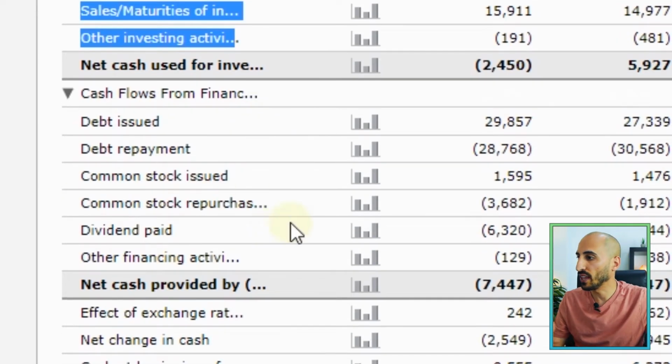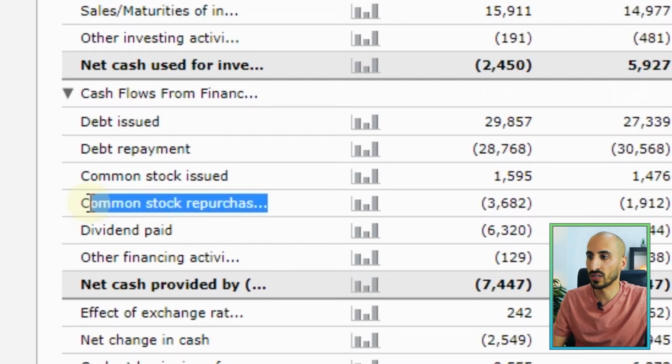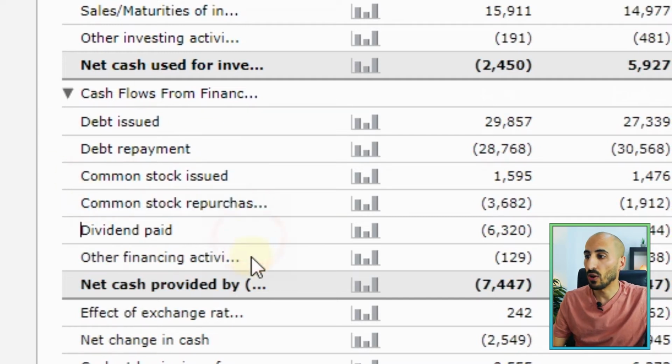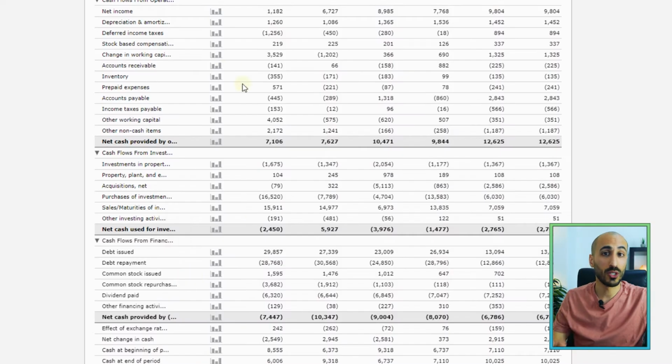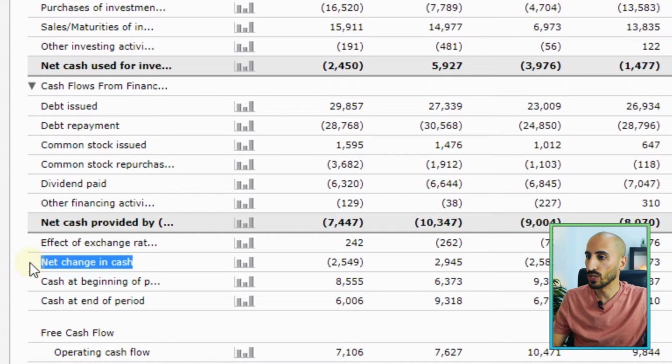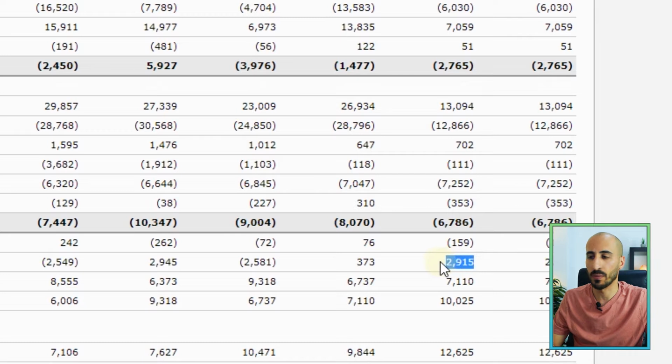It includes all inflows and outflows of cash related to financial activities, like the payment of dividends, as well as cash from selling or buying company stocks or selling or buying bonds. Summing all these items, you get a total cash flow from financing activities. Summing together these three points, we get the company's net change in cash, which for Coca-Cola in 2021 was $2,115 million, or $2.1 billion.